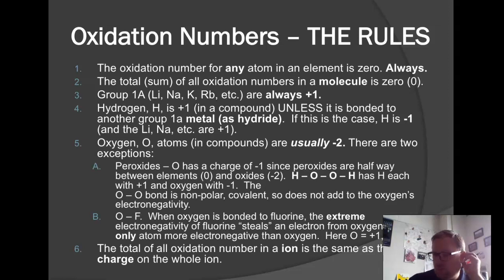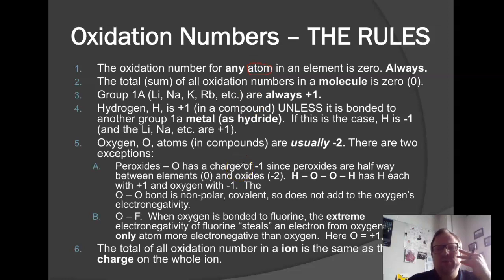There are 6 rules up here, but really only a few of them that we're going to use super regularly. We're not going to use all of these every single time, and in fact a couple of them I haven't really seen pop up on a diploma exam before. So the first thing to remember is the oxidation number of any atom in its elemental form is always 0.